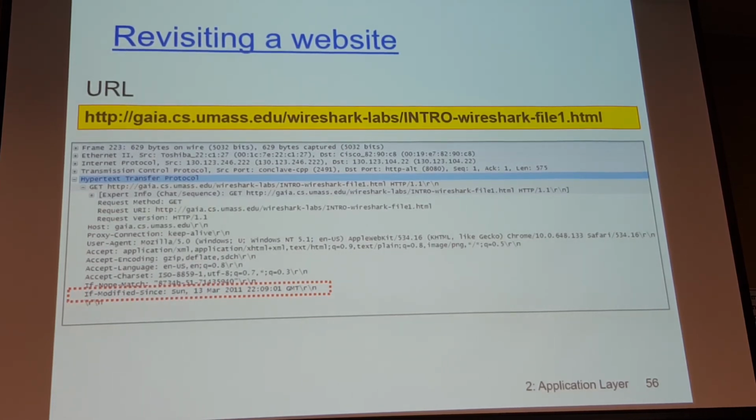So this is how the exchange of objects could be made more efficient by using this combination of header fields. It's what's going on, and the web browser is doing that on our behalf.